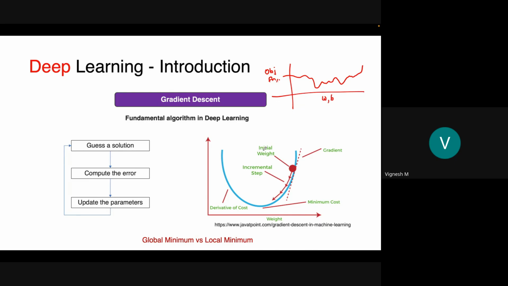There are many pockets where the function becomes minimum, a minimum here and here. Typically, there is one location where the function is absolutely minimum, which is often referred to as the global minimum. This is the global minimum.